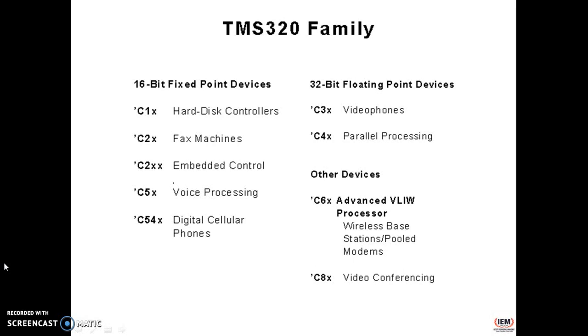Now we come to the 32-bit processors, for example C3x. The width of the data bus in the C3x series is 32-bit. Because of the reasonable cost and floating point performance, those are suitable for many applications.